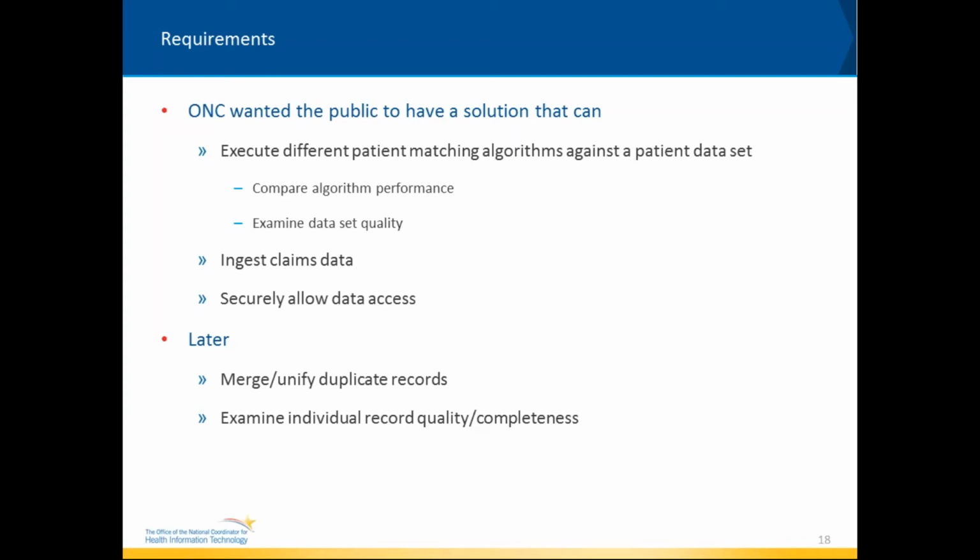Also the ability to examine data set quality. So this would be a scenario where, let's say you have a data set, you have a patient database or a master patient index, something along those lines, and you run a fixed patient matching algorithm against it. So you would run your algorithm against a database of, say, 1,000 patients, and it identifies 50 duplicates.